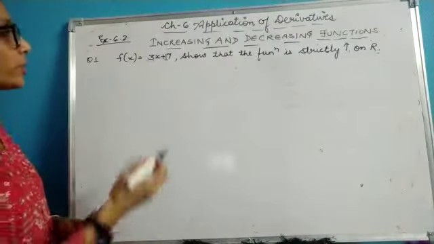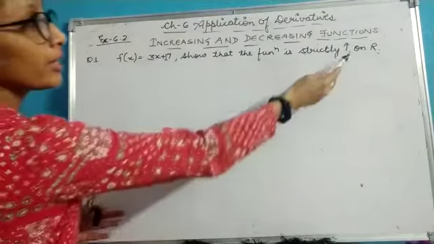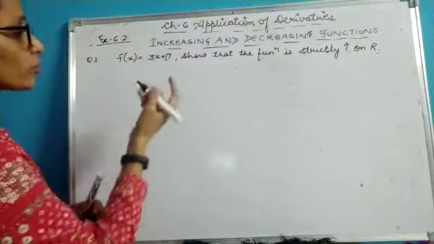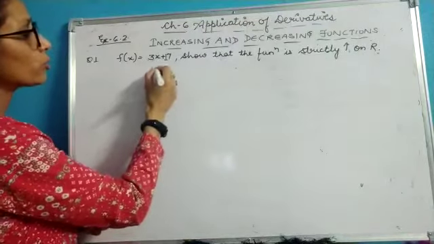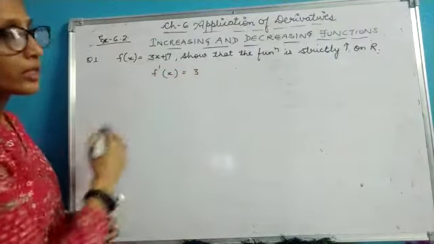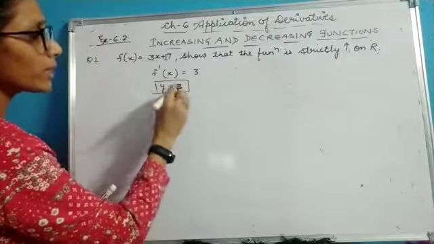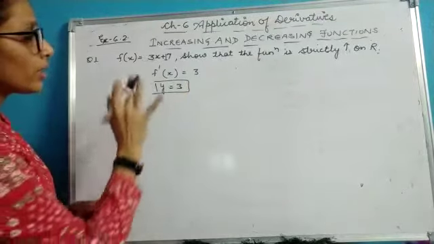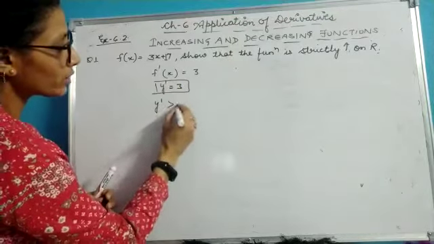Children, see in this question it is given f x equal to this, show that the function is strictly increasing on R. So first of all we need to calculate the derivative of this function. So f dash x will be equal to just 3. That means I am getting a constant, and this y dash is greater than 0.